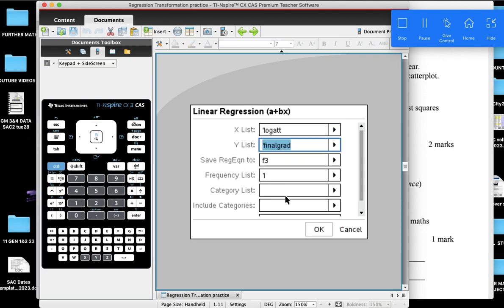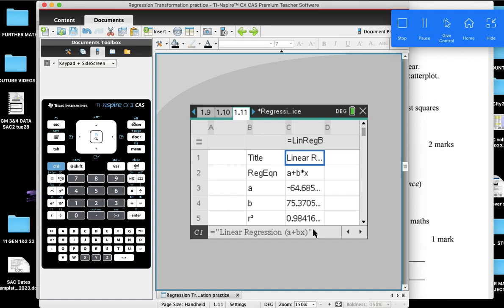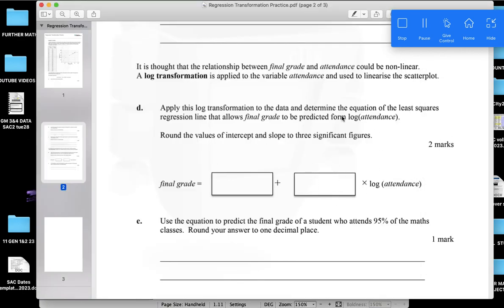You just put the right lists in, and then you've got your equation, and you'd be writing it out. You'd write final grade equals negative 64.7 plus 75.4, because I think the original one said to do 3 significant figures. So we could pop that in there.